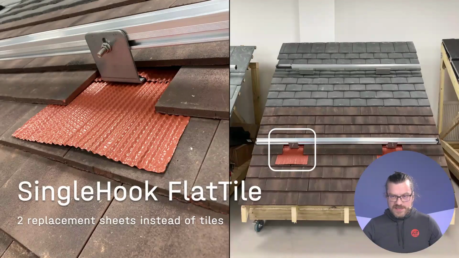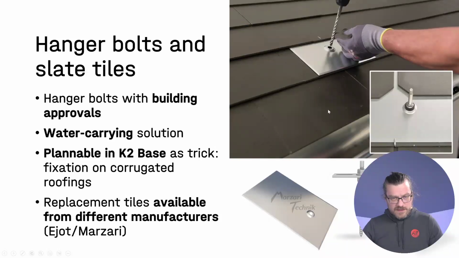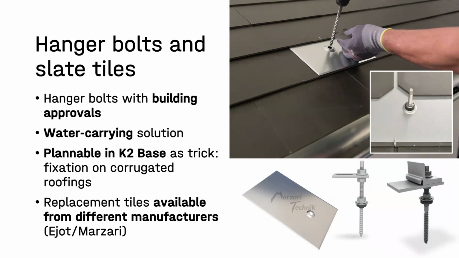Here is our standard solution for flat tiles, or plain tiles, with replacement sheets. Here you can see something about a replacement plate with hanger bolts. It's from our Matsari partner. Here you can see how to install it.